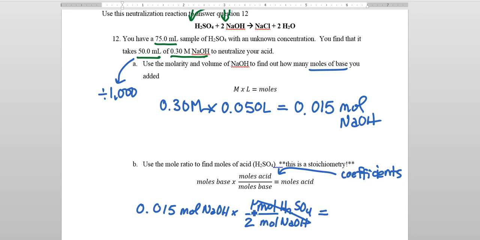It makes sense this is a 1 to 2 ratio because the sulfuric acid has 2 hydrogens in it, so you're going to need 2 hydroxides to react with those 2 hydrogens. So I'm going to multiply 0.015 times 1 divided by 2, and I get 0.0075 moles of H2SO4.